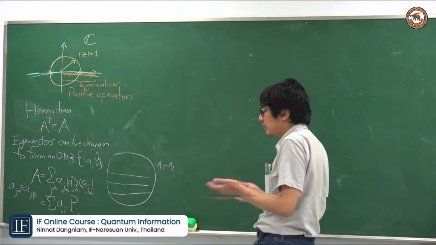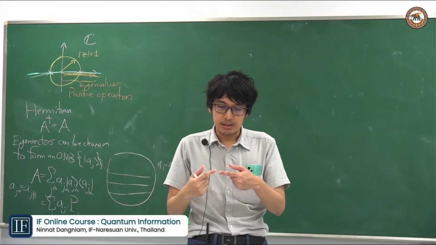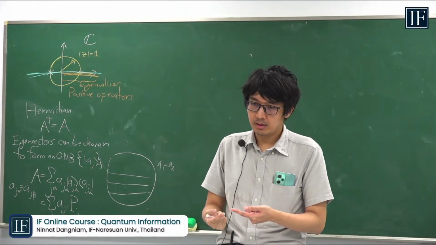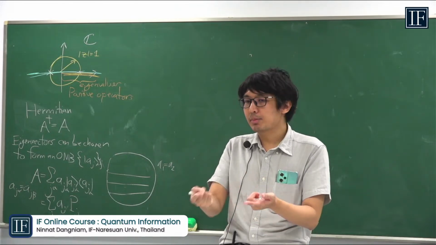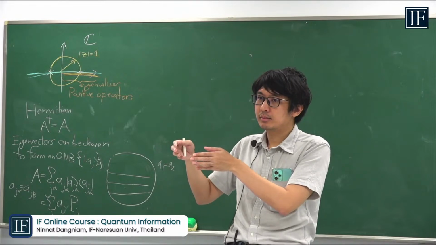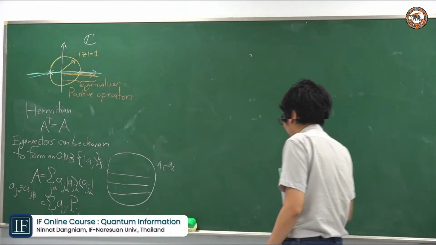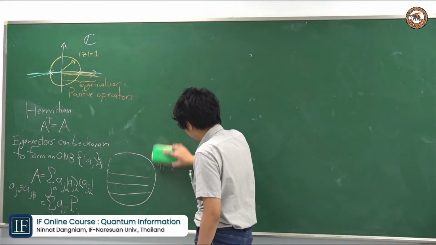But if you want to talk about a basis, then the basis for an eigenspace, or a subspace in general, can be chosen from a subset of a basis of the whole space, right? Okay.